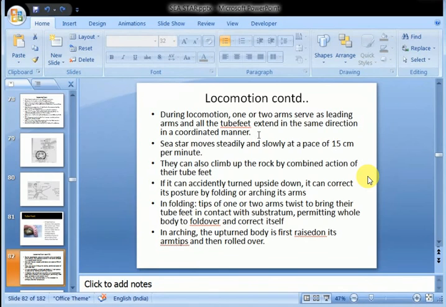But since millions of them have to be coordinated in this way, the sea star moves steadily and slowly, at a very slow pace, about 15 centimeters per minute. They can also climb up rocks by the combined action of their tube feet.